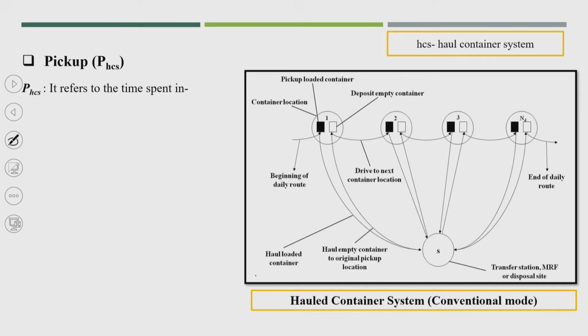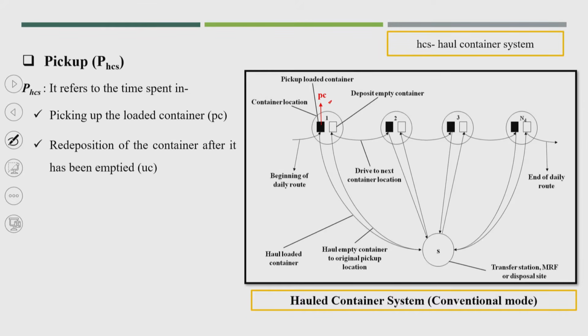Now, this is the flow of the vehicle in the different locations. The pickup unit operation includes picking up a loaded container, which we normally call PC. Next is the redeposition of the container after it has been emptied, that is UC.